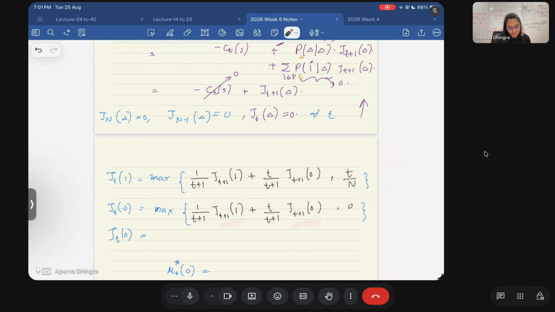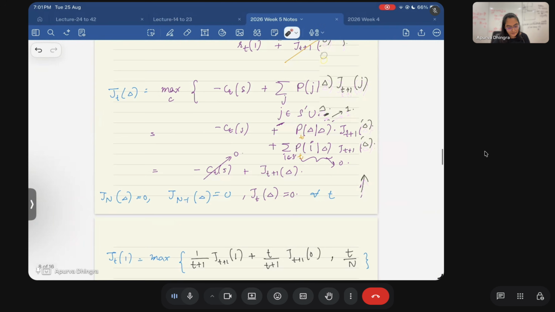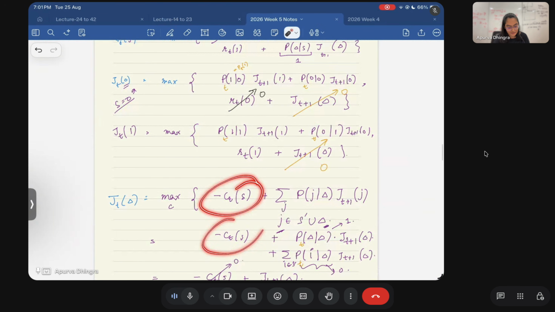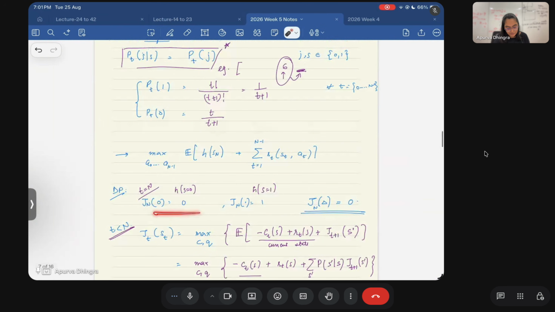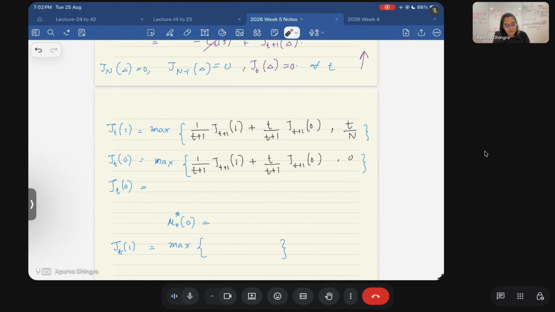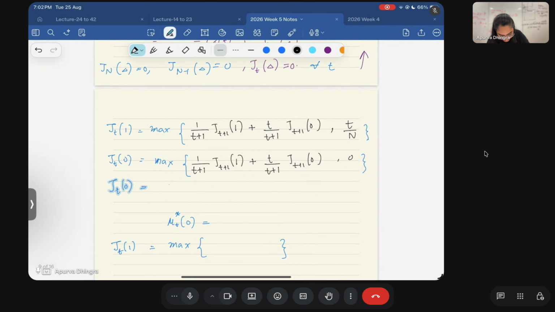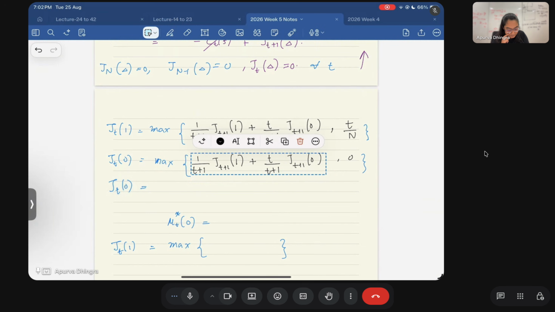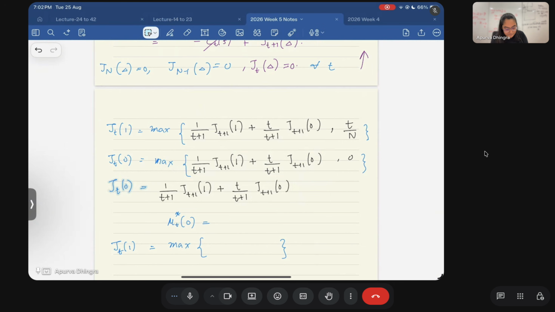Now notice these J's, there is nothing that makes them negative. The cost is anyways not there. The terminals starting are between 0 and 1, are 0 and 1 exactly. So everything is going to stay positive. That means the max of these two will be exactly 0 or this. That means we could just say that this is, because this one will always be greater than or equal to 0.